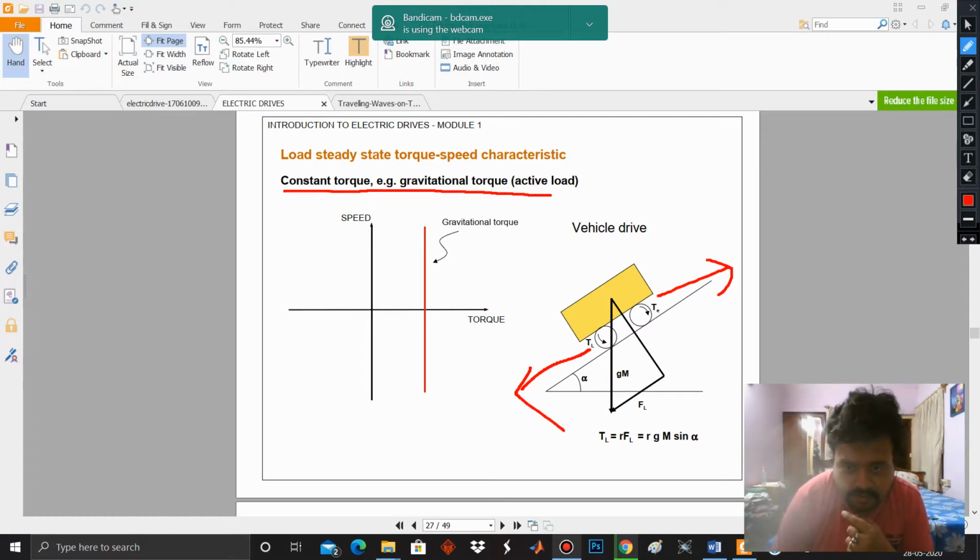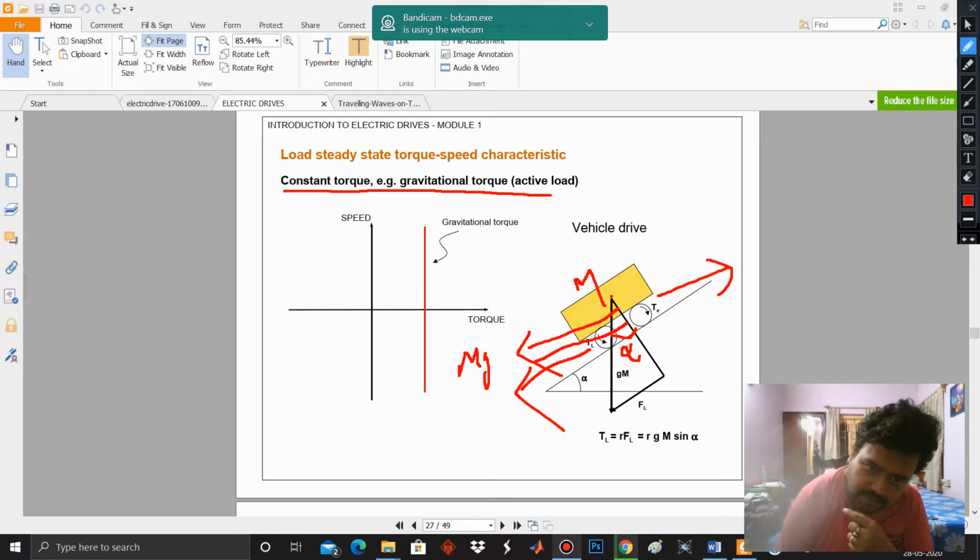Now if the mass of the system is m, the vertical downward force is mg. If this angle is alpha, this particular force is mg sin alpha, and this force is mg cos alpha.